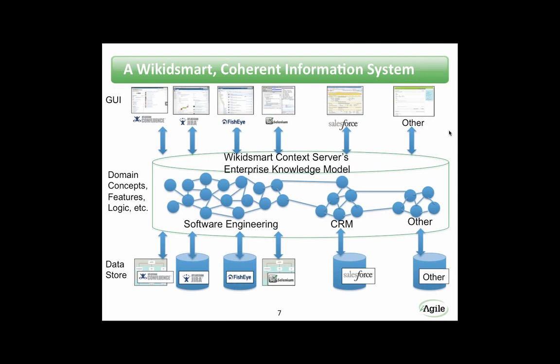Or it could be, aha, JIRA, you have an issue, and I know that you're related to this code that's residing in Subversion, via our connector with Fisheye, for example. So this is actually providing a web of information, and it's an overlay, essentially, of your existing environment. So we're not going in and playing with the data in your existing environment. Instead, each tool, again, has its own source of information and data.